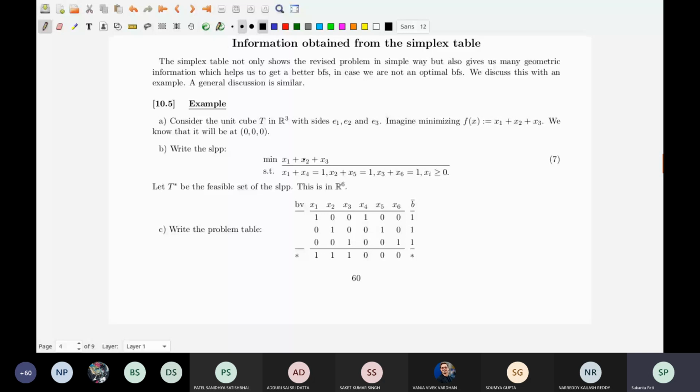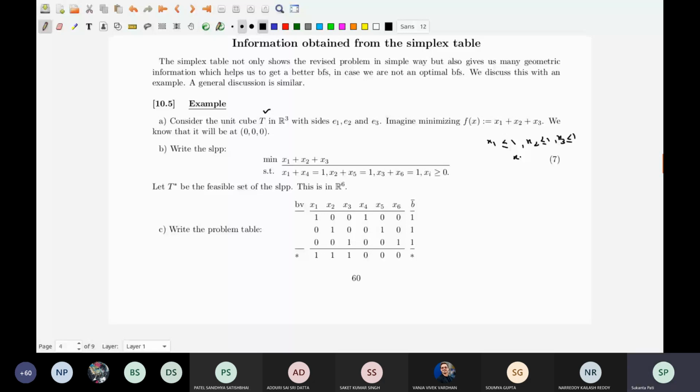To write the problem table, remember, if you want to write the SLPP, to denote this, what will you require? You will require x1 less than or equal to 1, x2 less than or equal to 1, and x3 less than or equal to 1, and x greater than or equal to 0.